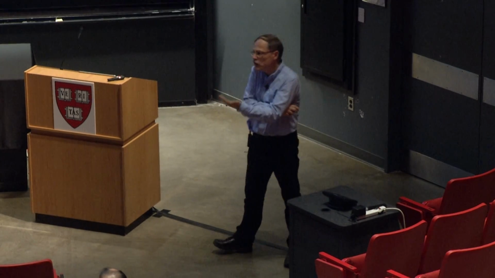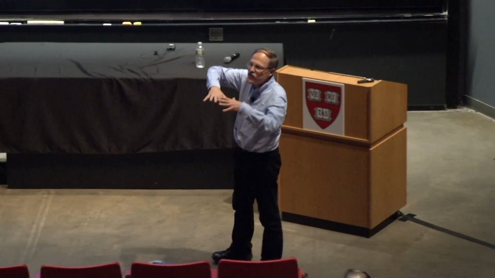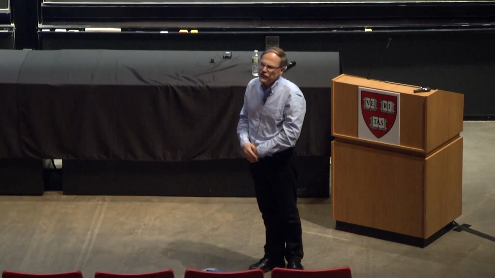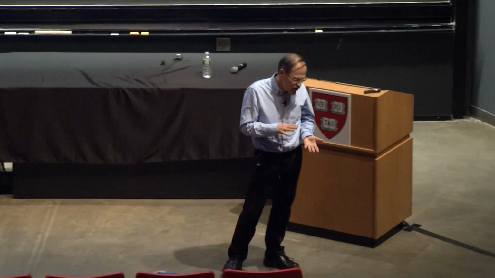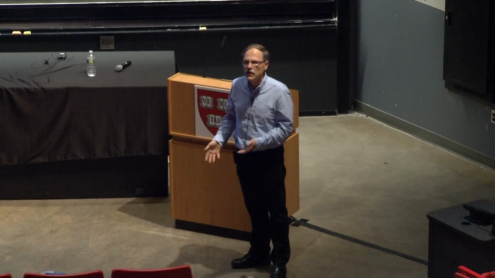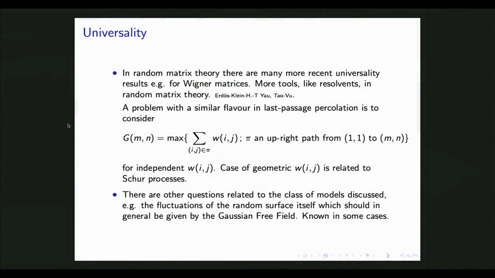And there is a general universality conjecture that the fluctuations of this surface should always be given by the Gaussian free field. As far as I know, there is really no connection between this and the edge behavior that I've been talking about, because the Gaussian free field doesn't really see the edge. So these two areas of fluctuations in this model are quite disjoint so far.